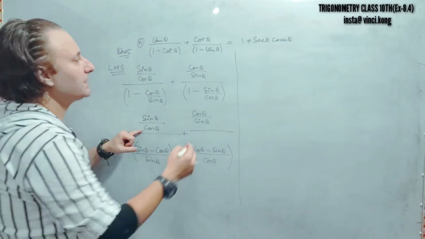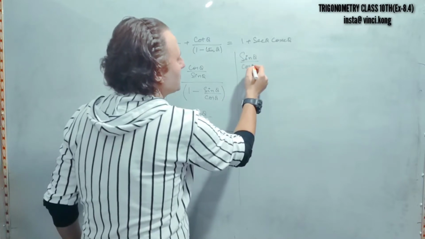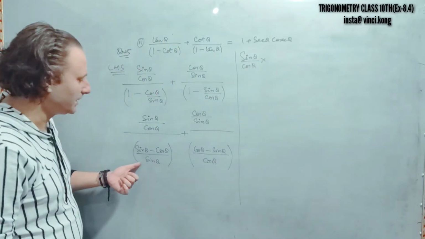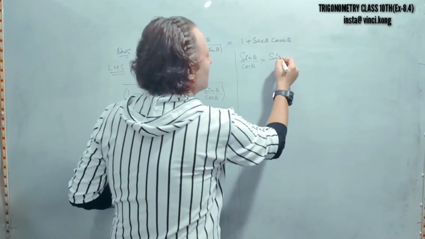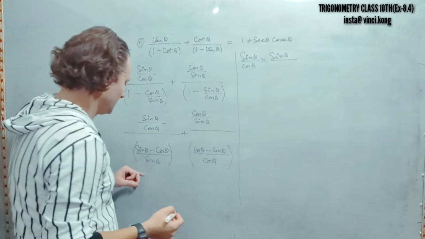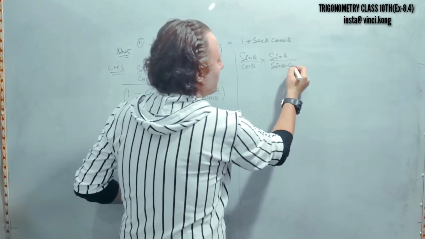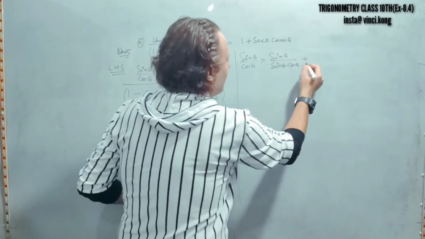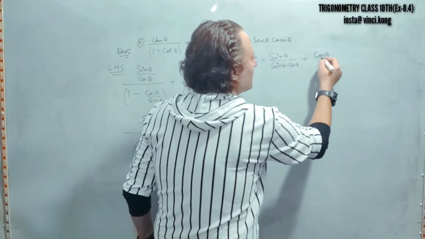So let's move this side. Now I have sine theta upon cos theta. That's what I'm writing here. Let us reciprocate this thing. It becomes sine theta upon sine theta minus cos theta. Then I have a positive sign. Then we have cos theta upon sine theta.